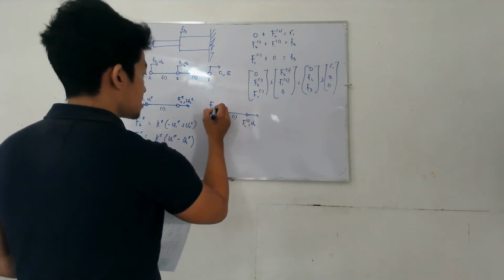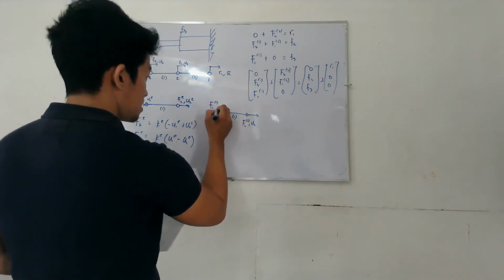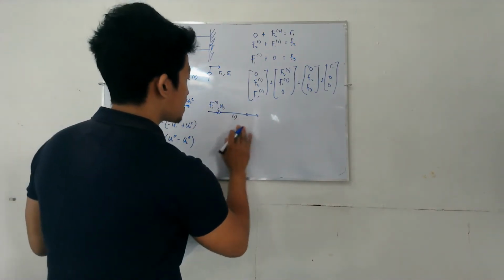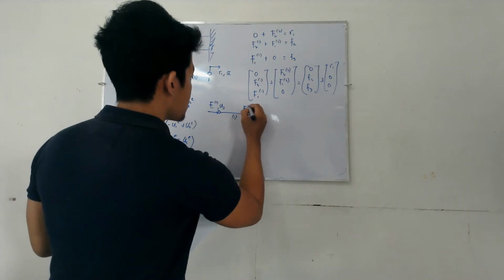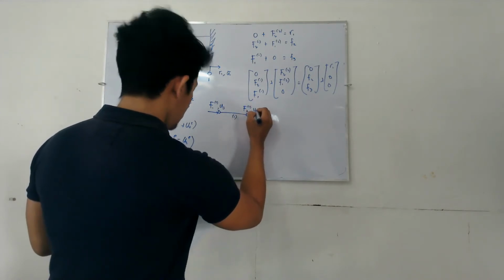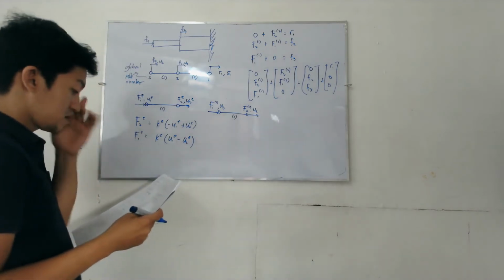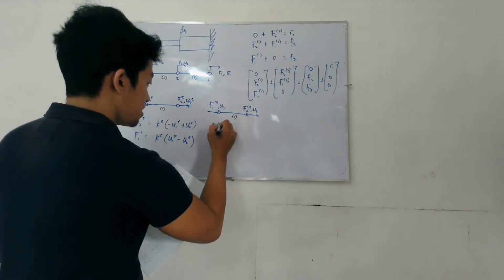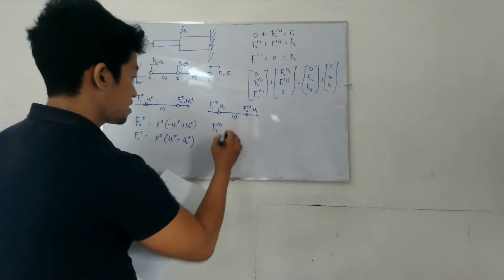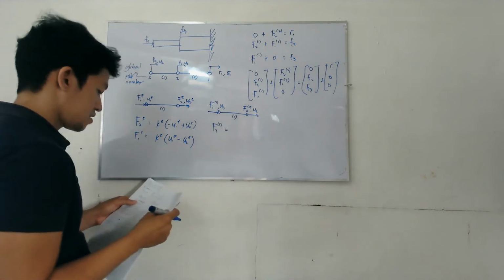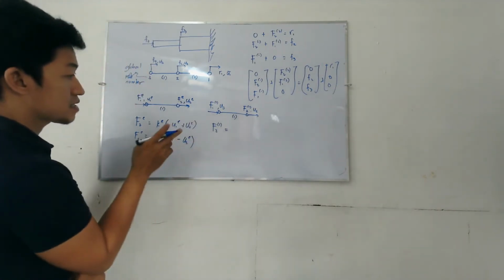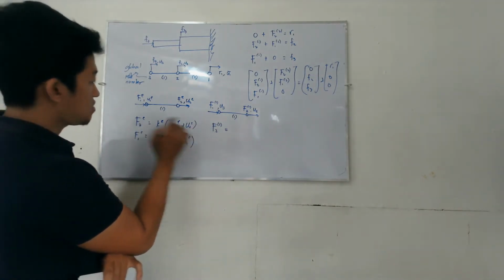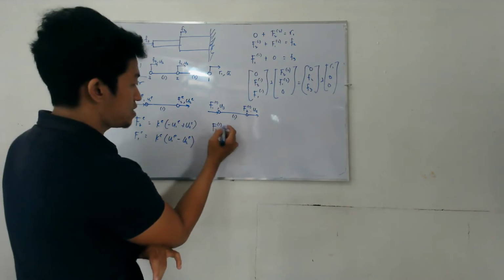F1 of element 1, U3, and F2, U2. Okay. So F2 of 1 equals, as you saw earlier, the A is the element number, so element 1.